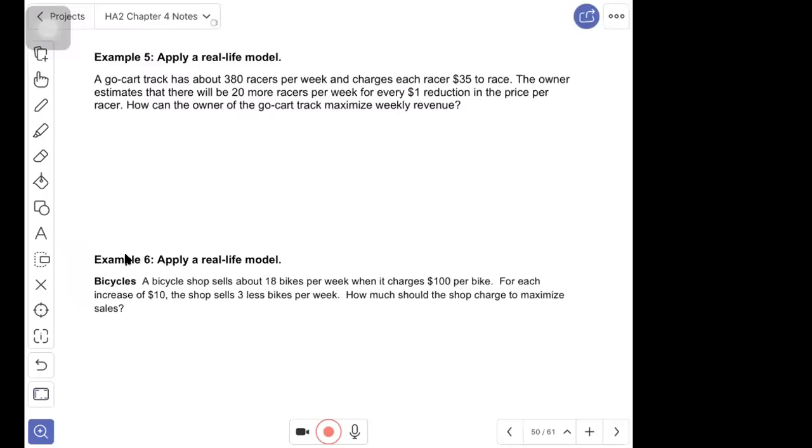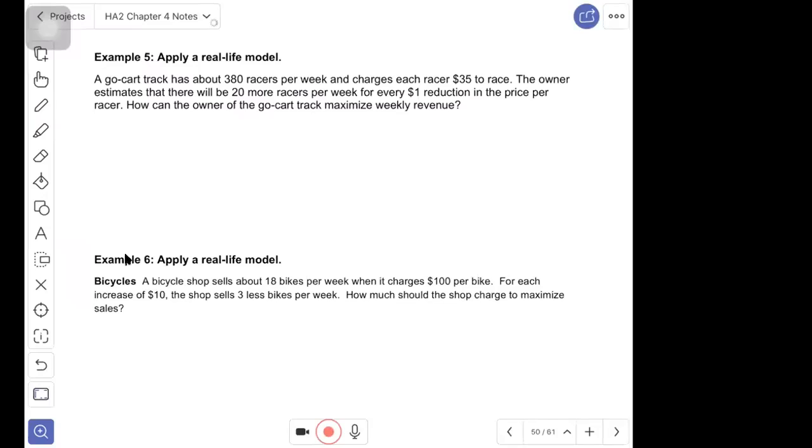So they're saying a go-kart track has about 380 racers per week, and charges each racer $35 to race. The owner estimates that there will be 20 more racers per week for every $1 reduction in the price per racer. How can the owner of the go-kart track maximize weekly revenue? So before, they gave us our function, but now we have to make it.